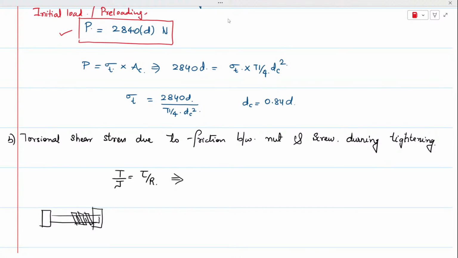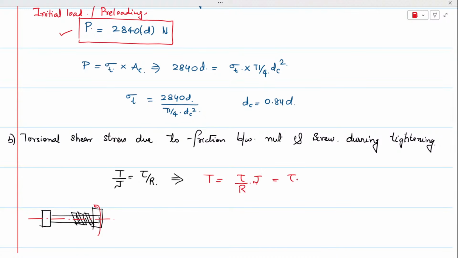And once on the nut we apply the torque or the turning moment, due to the interaction of solid surfaces, the screw portion will be subjected to twisting. So torque is equal to tau by R into J.